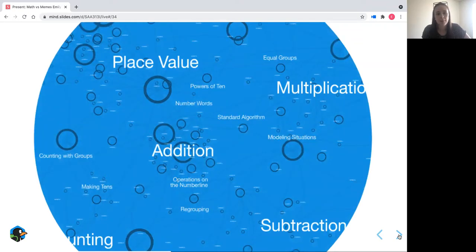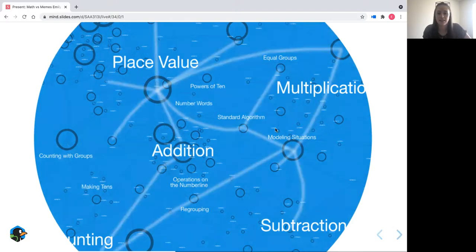This is a schema map where the large nodes and the lines show the connections of how different big ideas connect together. And if you're in California right now, this is one of the things that our California math framework authors are talking about in terms of teaching to the big ideas. How can we show students the interconnections between these individual standards? For example, students need to know that multiplication is repeated addition.